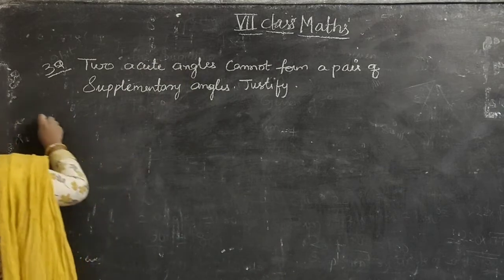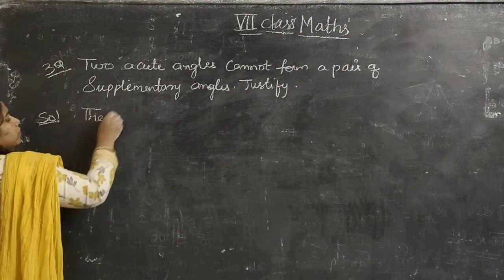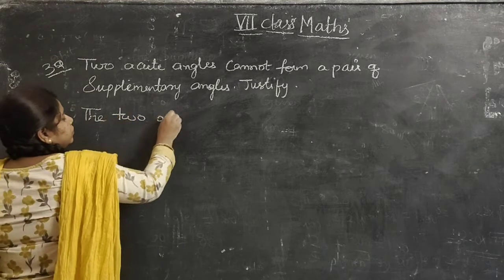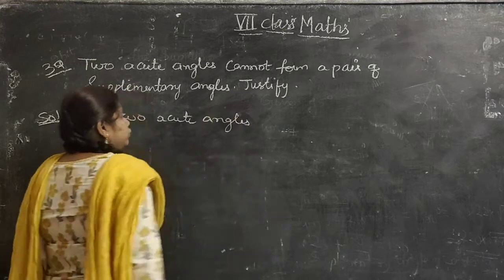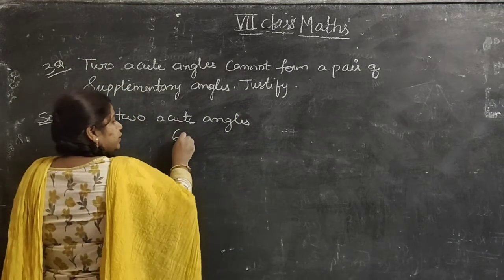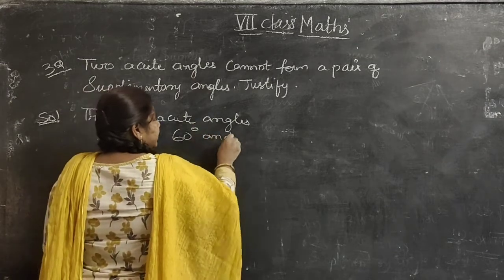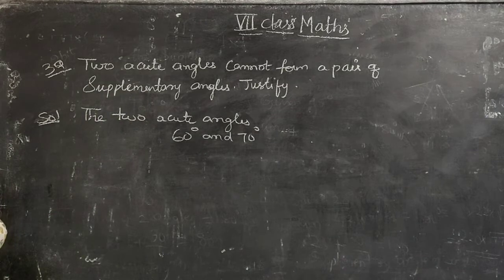So I am taking two acute angles. Which two acute angles can we take? We can take 60 and 70. 60 degrees and 70 degrees. 60 is less than 90 and 70 is also less than 90.